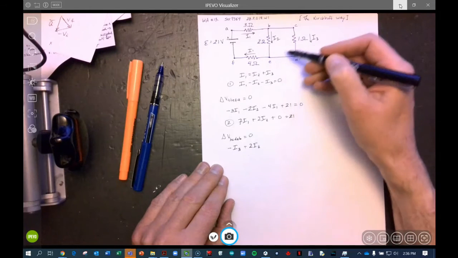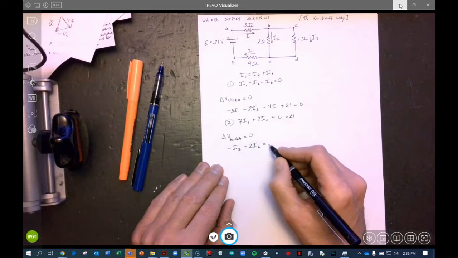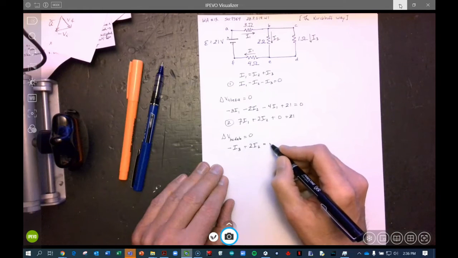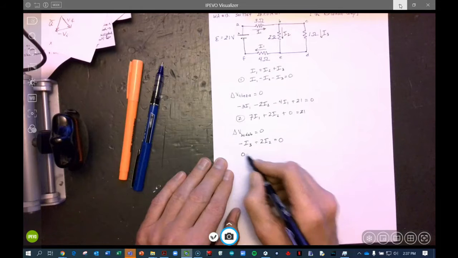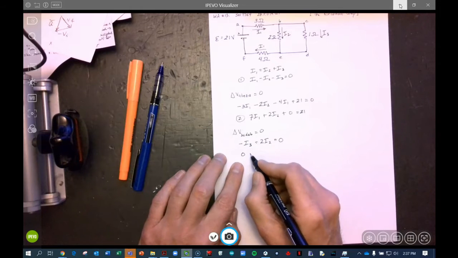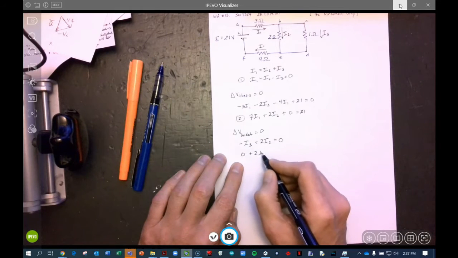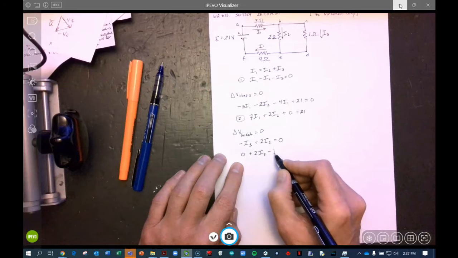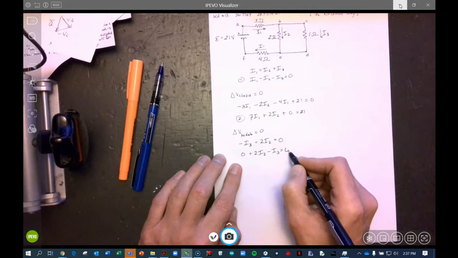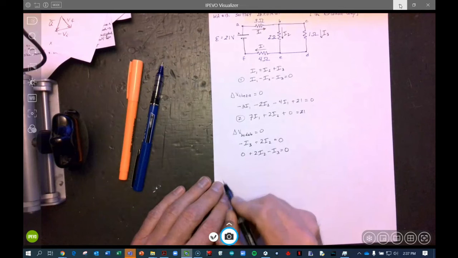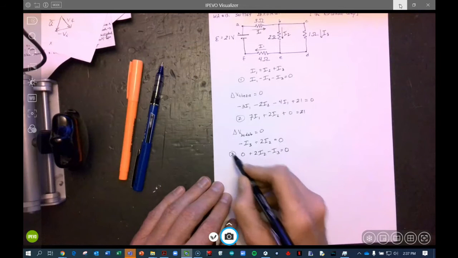There's no battery, so that equals 0. We rewrite this as 0 I1 plus 2 I2 minus I3 equals 0, and that's going to be our third equation.